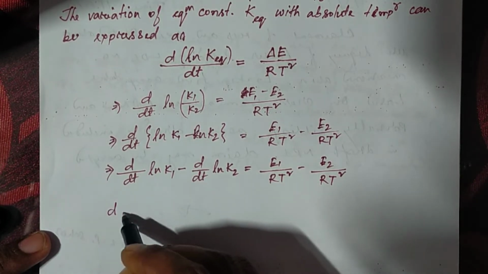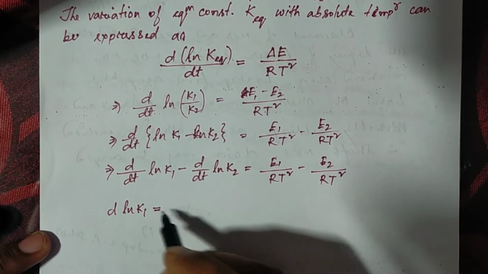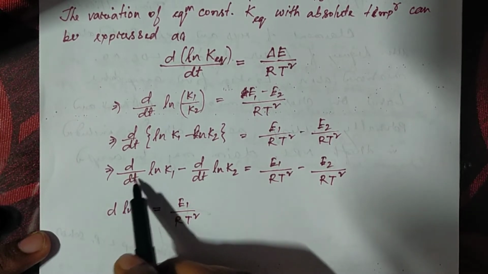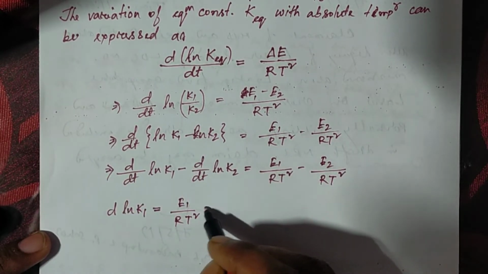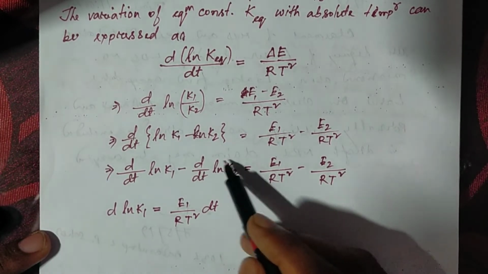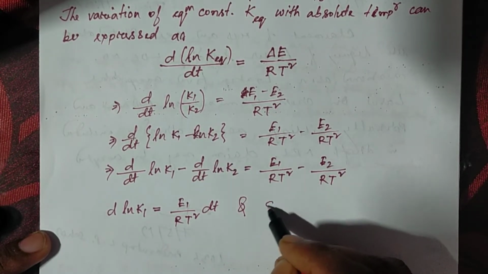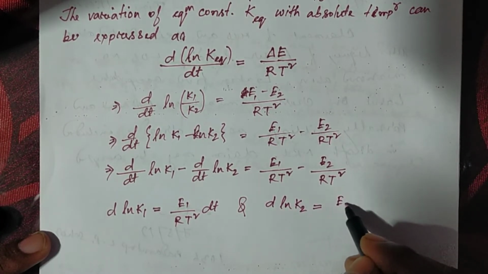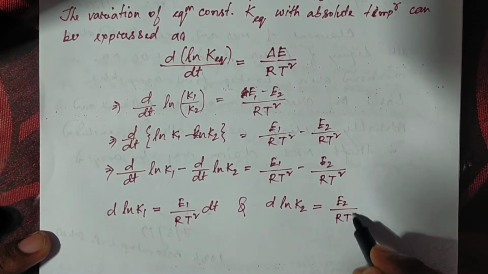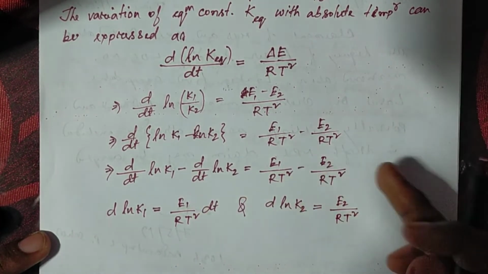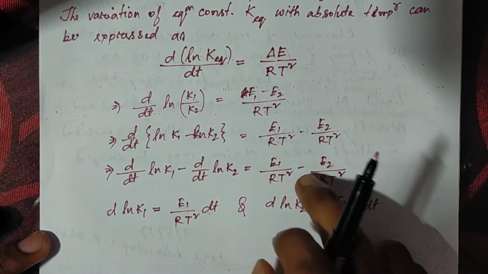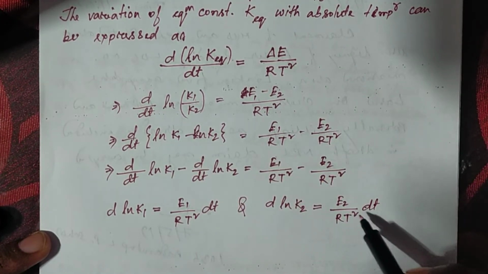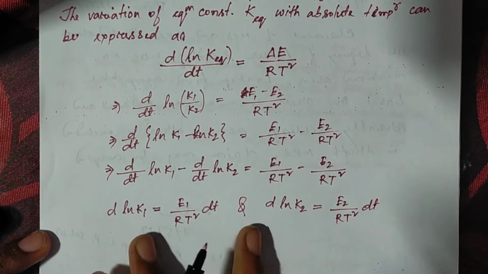It will be d ln K1 is equal to E1 by RT square dT, and d ln K2 is equal to E2 by RT square dT. As there is a negative sign here, both will be cancelled out. We can separately write like this.